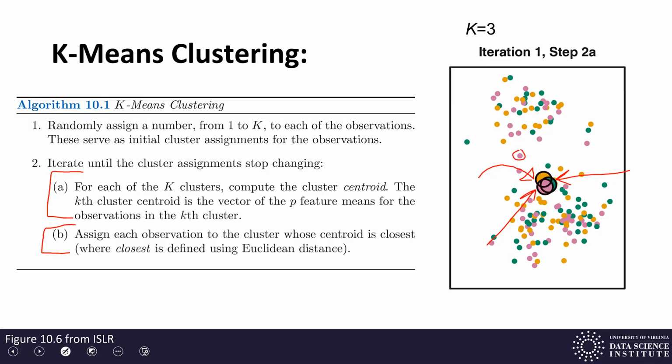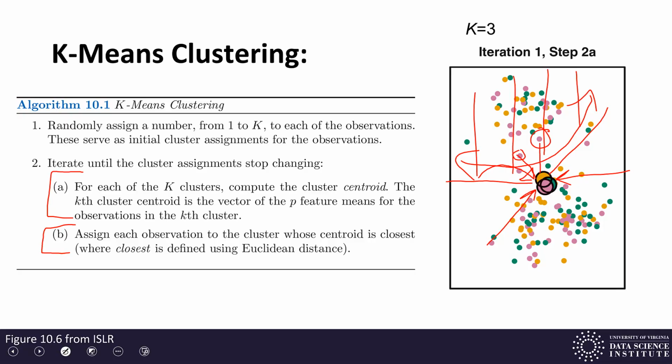Pick this data point right here. It's closest to the orange, so that's going to be assigned orange next iteration. This data point is also closest to the orange. In fact, everything up here in that general area is going to be orange. So this area should be assigned orange.